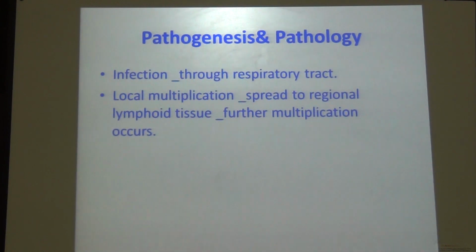We come to the pathogenesis and the pathology. As I told you, the infection is spread through the respiratory tract by droplet infection, and the virus multiplies locally, then spreads to the regional lymphoid tissue, where further multiplication can occur.